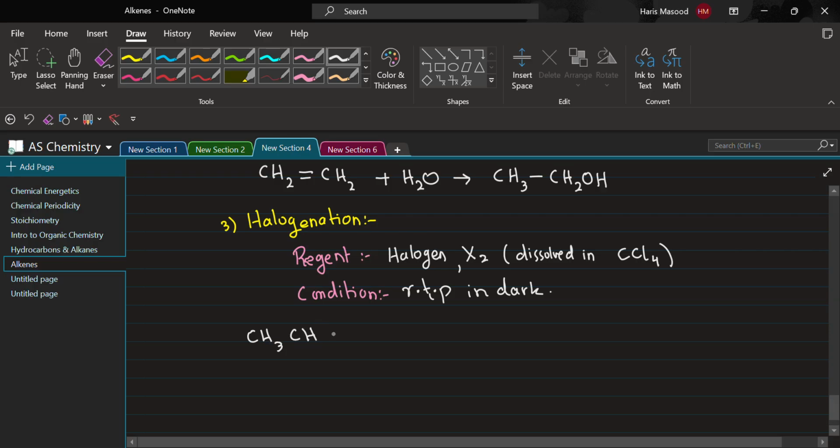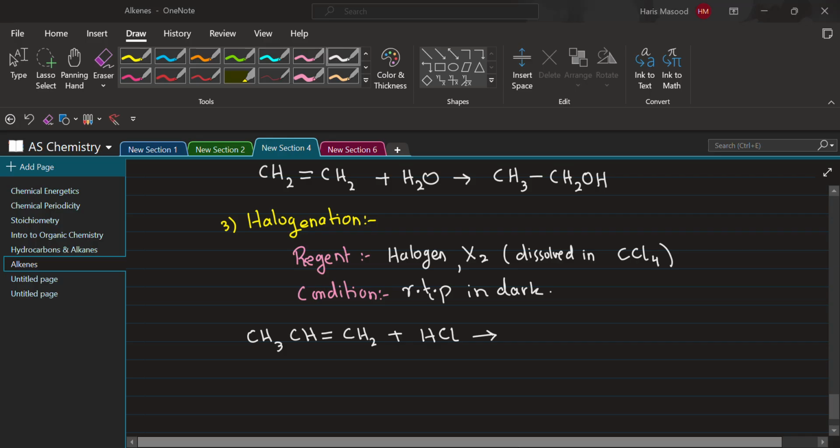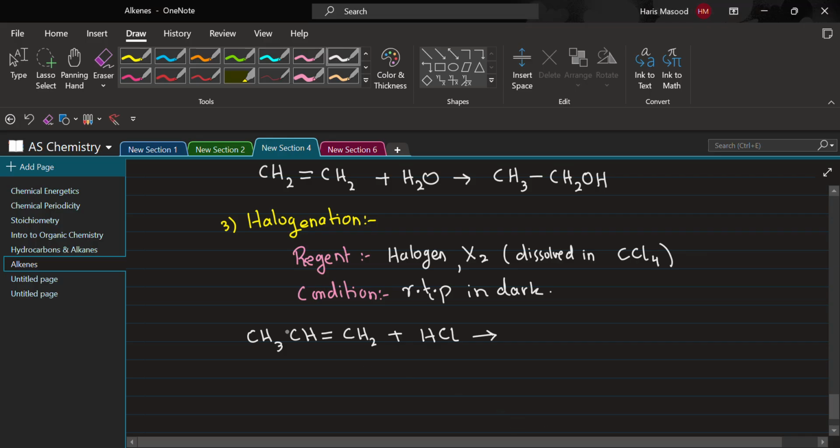Like if I take an unsymmetrical alkene, and I need to add Cl2 with it, I will just take bromine, since we have already taken Cl a lot of times.